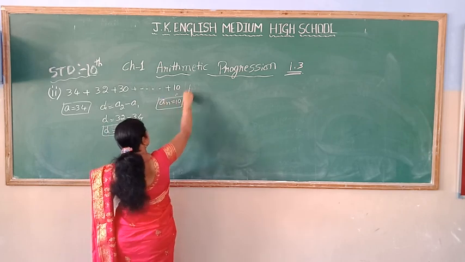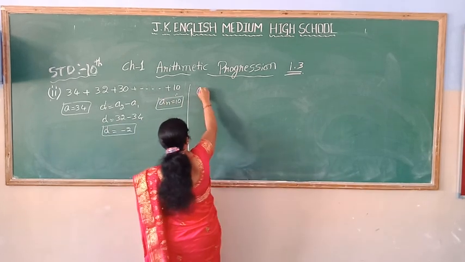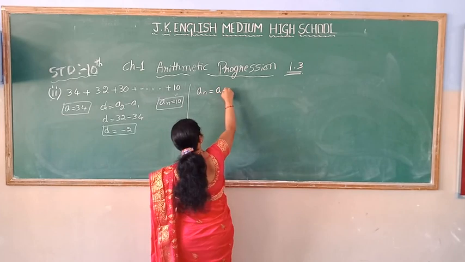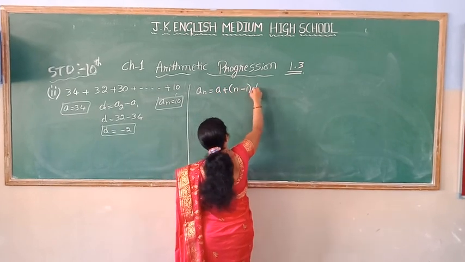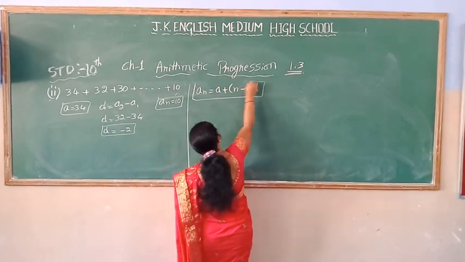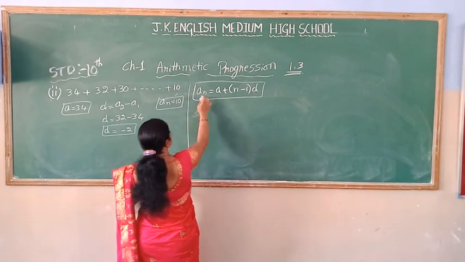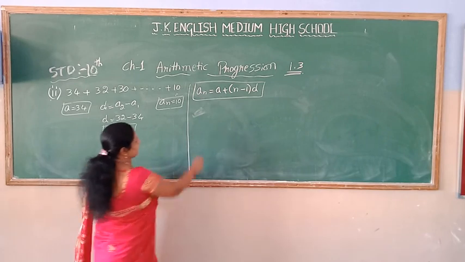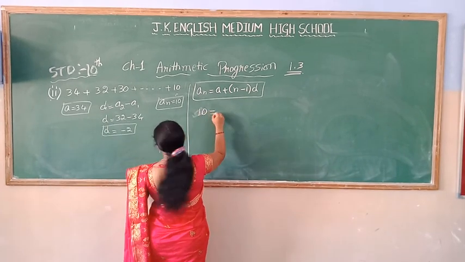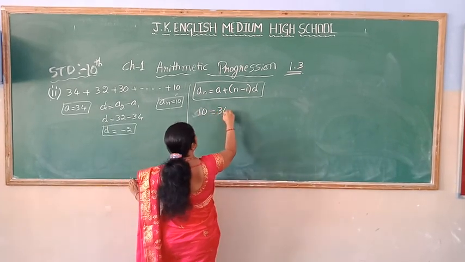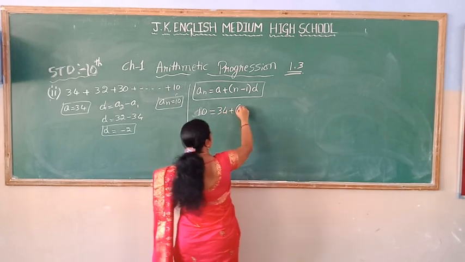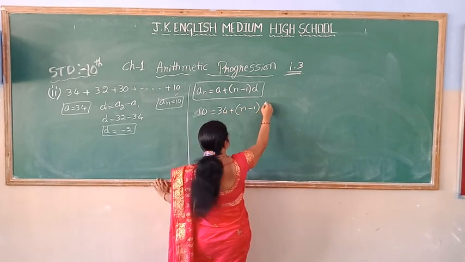So I can use the formula An is equal to a plus n minus 1 into d. By using this formula, I can find the n value. We know the An term value is 10. I can substitute: the a value is 34, the n value I don't know, I will find it, and the d value I know as minus 2.